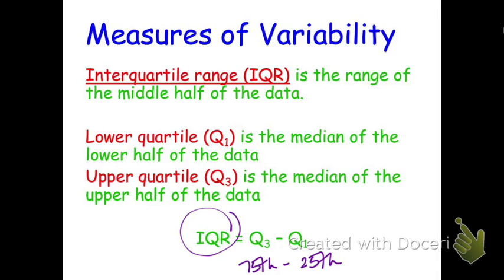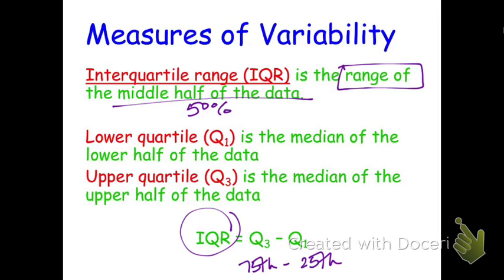It doesn't have to be out of 100 people, it has to be out of 100%. So it's just the range of the middle half of the data, the middle 50% of your data. And once we start constructing box plots next class, you'll see more of that.